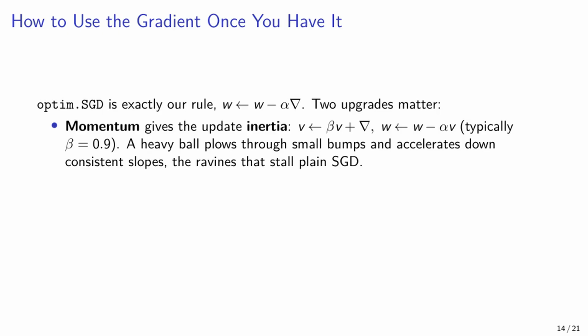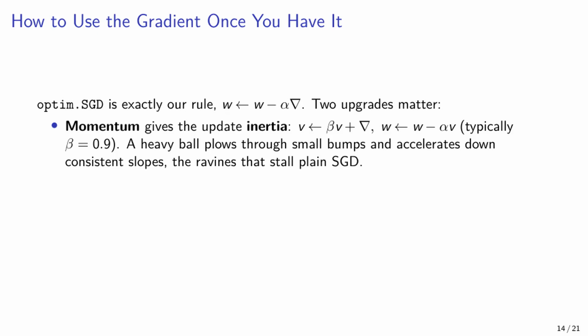The last knob is how to use the gradient once you have it. Plain SGD is exactly our update rule: W moves by minus alpha times the gradient. Two upgrades matter. The first is momentum.